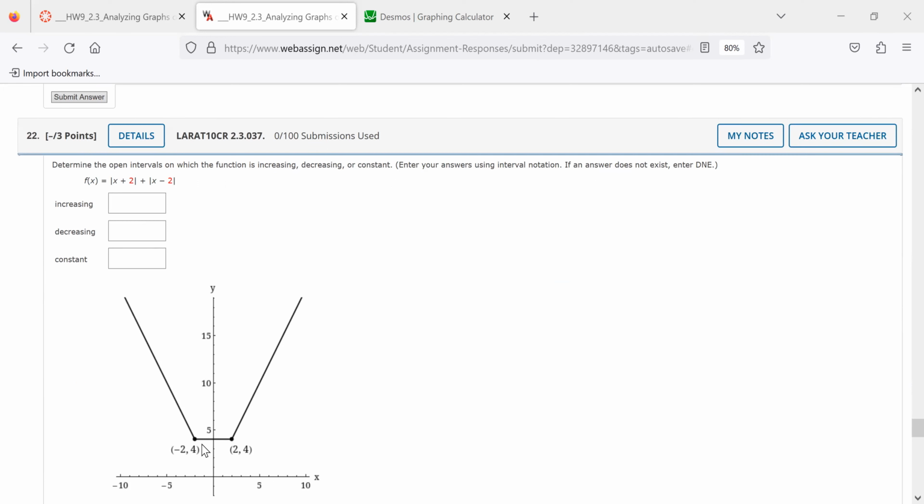Here we get a flat spot finally. So here, where would we be constant? -2 to 2. Yeah, -2 to 2.